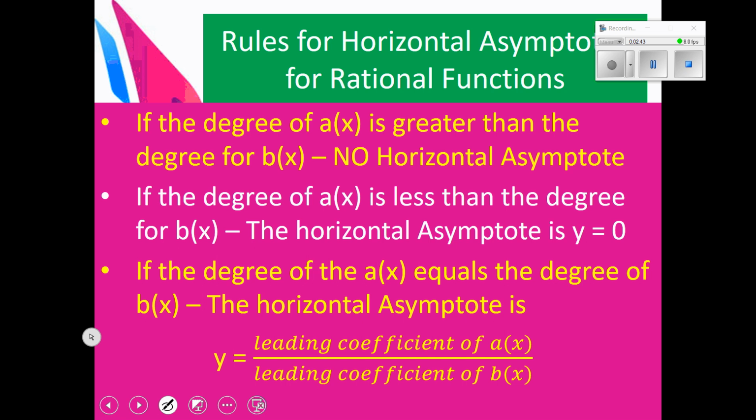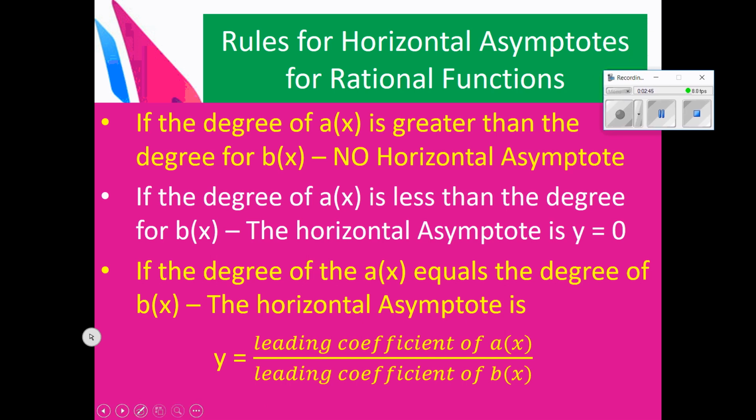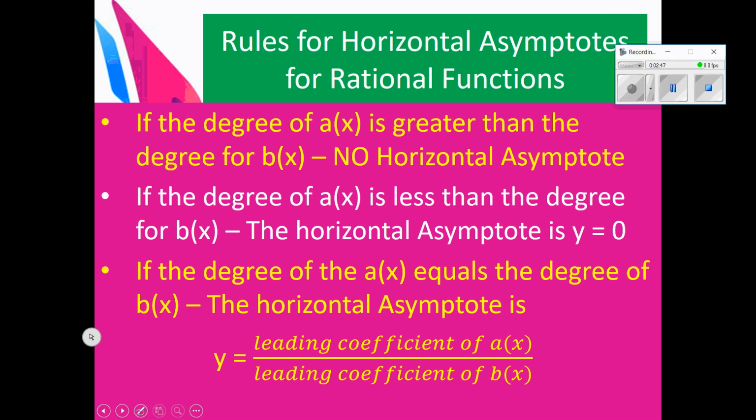All right, I know you're thinking, oh, look at all these rules, but I'm going to give you a couple seconds. You might want to hit the pause button and copy this down. But let me read through them first. And you definitely need to have these rules down because you're going to come back and look at them. Okay? So to know if it has a horizontal asymptote, you have to look at the degrees.